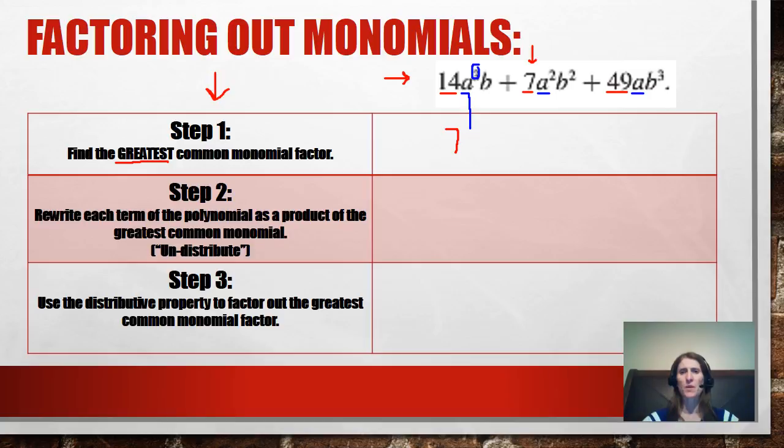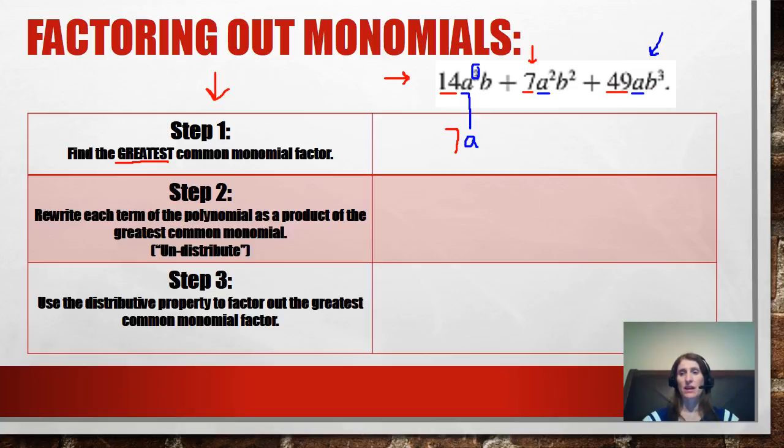So if I have 3 in the first one, 2 in the second one, and 1 in the last one, well, it has to be common in all 3, so I can only take out or use one of the A's, okay? Because this last one only has one A. It doesn't have 3, it doesn't have 2, so I can't use that.